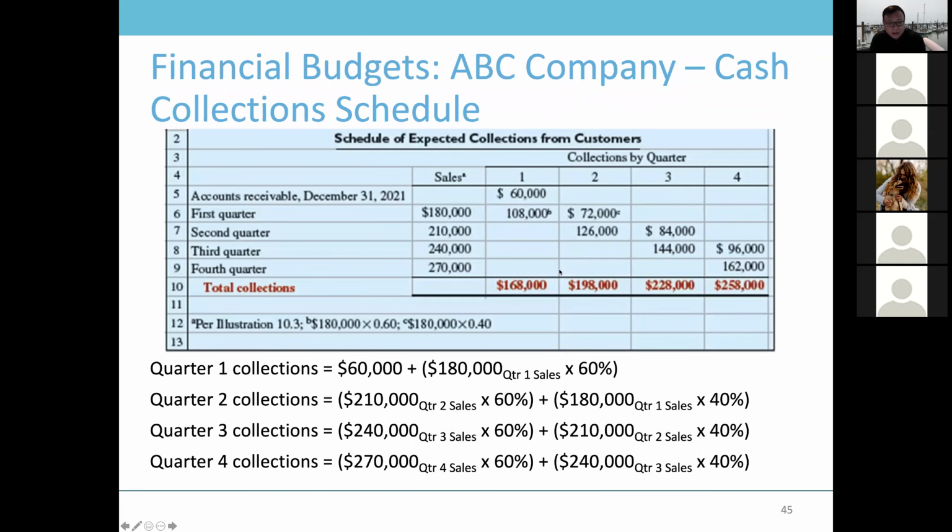So here, accounts receivable, the ending balance. That's your sales. You are going to collect 60%, and so your ending balance should be 72,000. That's your ending balance.